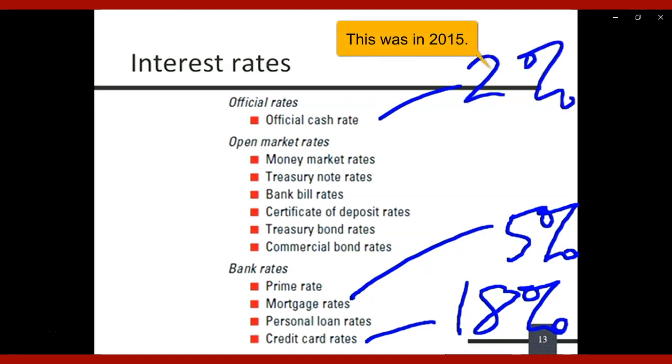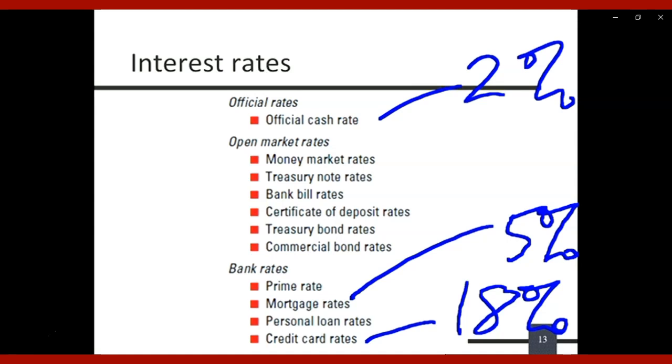The official cash rate is the interest rate for borrowing money. This is not an interest rate available to you guys. This is the interest rate on borrowing money from the Reserve Bank of Australia, which is not something you can do, only banks can do that. And each of the interest rates after that, there's a little bit more risk attached to that loan.